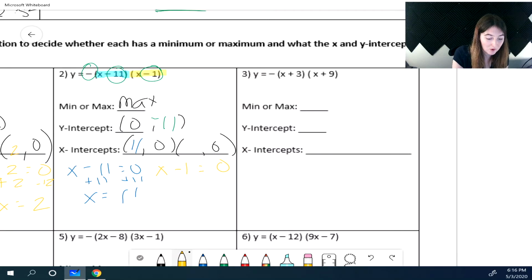I add 1 to both sides, and I get x equals 1. So far, I found I have a maximum because it opens down. My y-intercept is at 0, negative 11, and my x-intercepts are at 11, 0, and 1, 0.